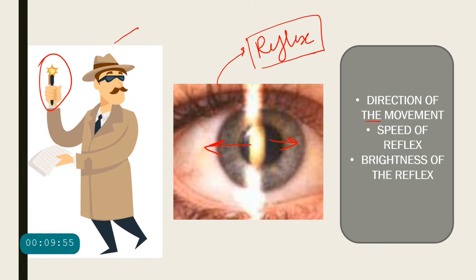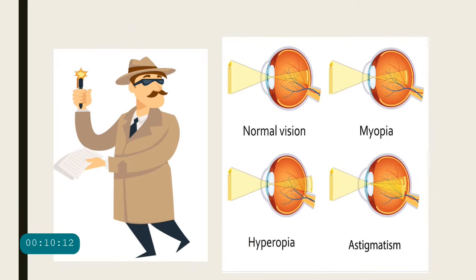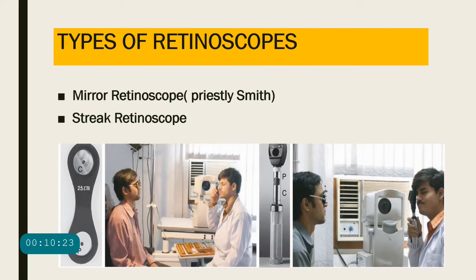We are studying the movement of the reflex, the speed with which the reflex is moving, and with what brightness that reflex is shining. By studying all these three parameters, that is the direction of the movement, the speed of the reflex, and the brightness of the reflex, we will tell whether the person is normal, whether the person has myopia, hyperopia, or astigmatism. So this is basically your very basic idea of retinoscopy.